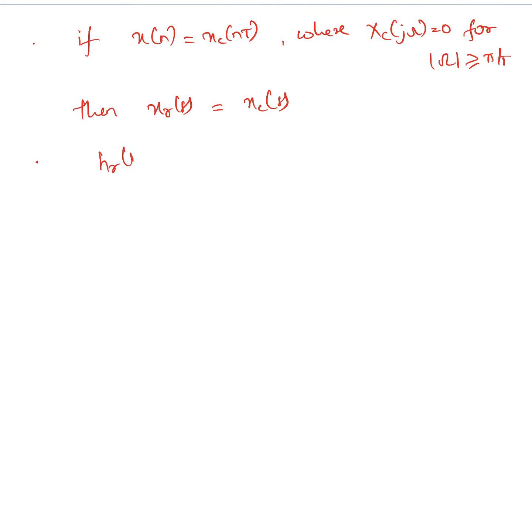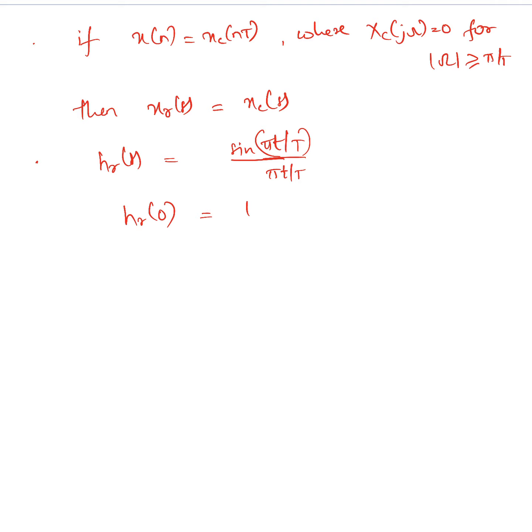So h_r of t is sin(pi t / T) over (pi t / T). If I compute h_r of 0 using L'Hopital's rule, it would be equal to 1, computing the limit as t tends to 0.